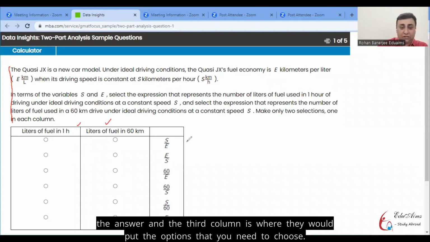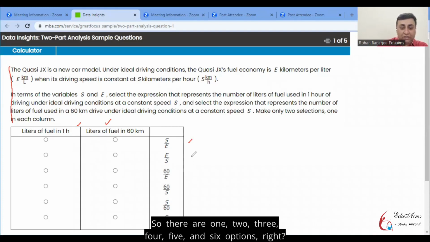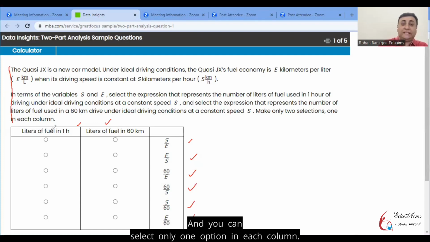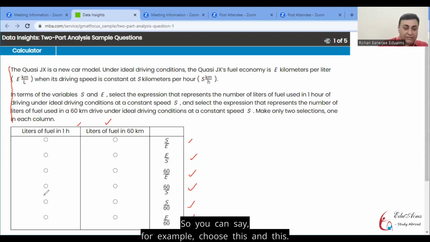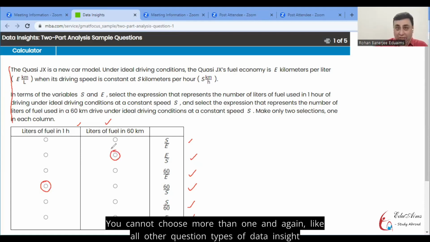And the third column is where they put the options that you need to choose from. So there are 1, 2, 3, 4, 5, and 6 options, and you can select only one option in each column. So you can say, for example, choose this and this. You cannot choose more than one.